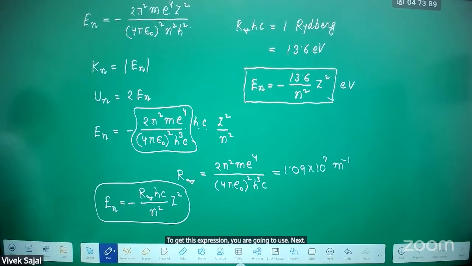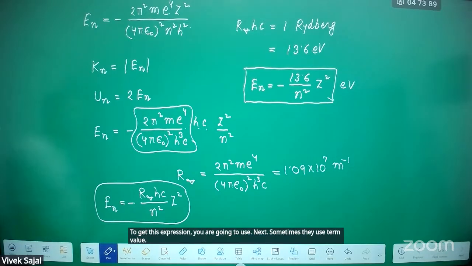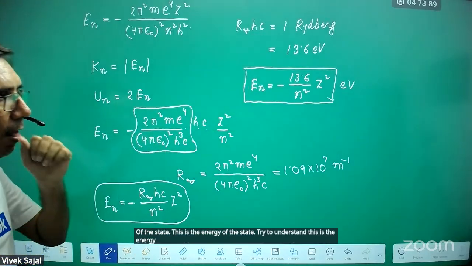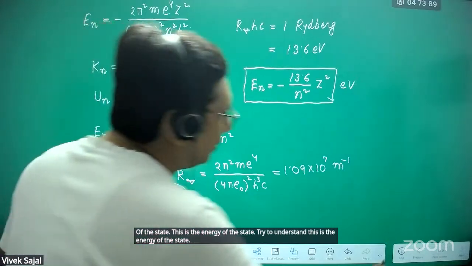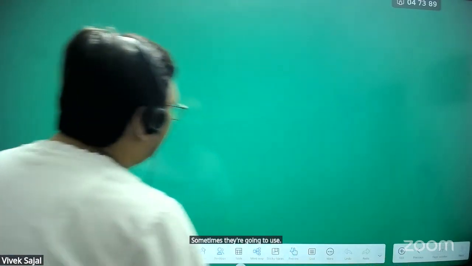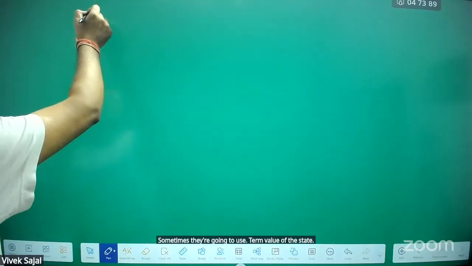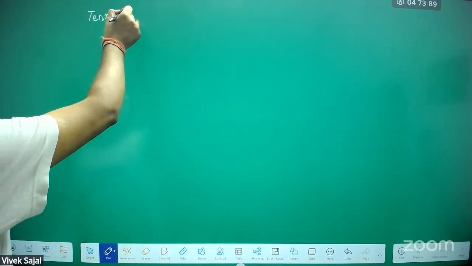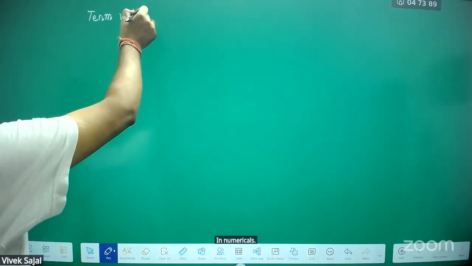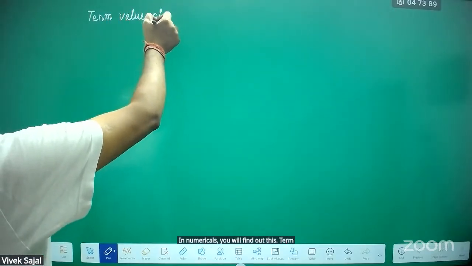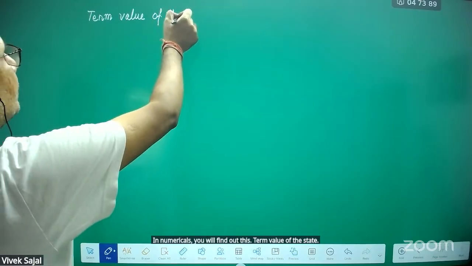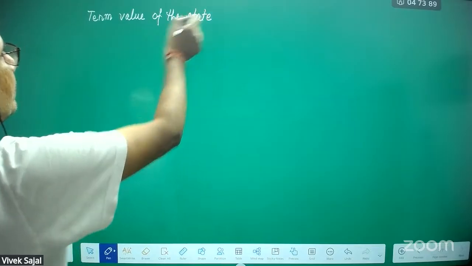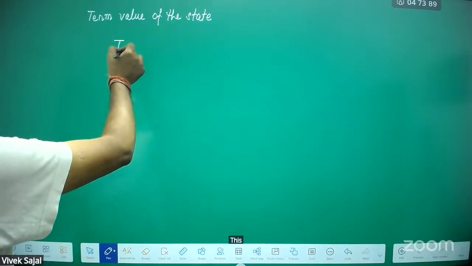Sometimes they use the term value of the state. This is the energy of the state. Try to understand, this is the energy of the state. In numericals, you will find this term value of the state. This is represented by Tn.